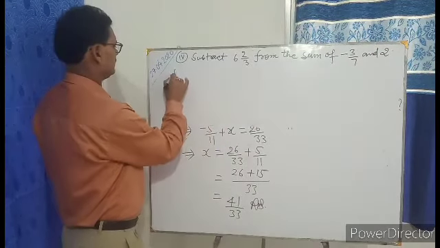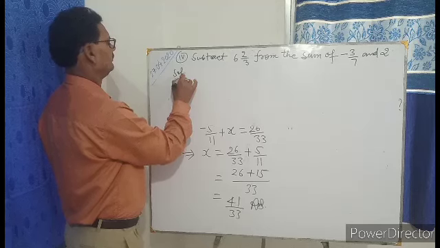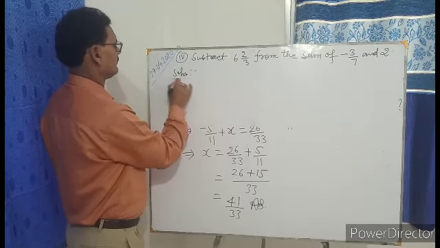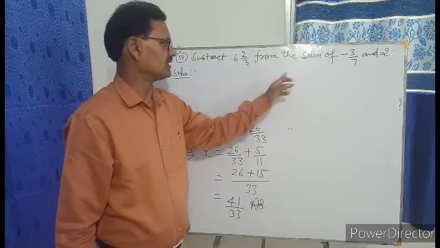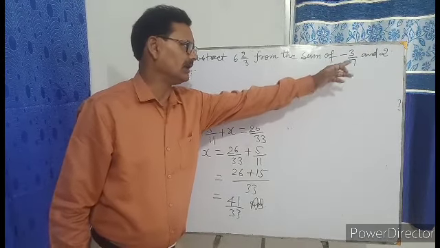Let us have the solution. Subtract 6 whole 2 by 3 from the sum of minus 3 by 7 and 2.